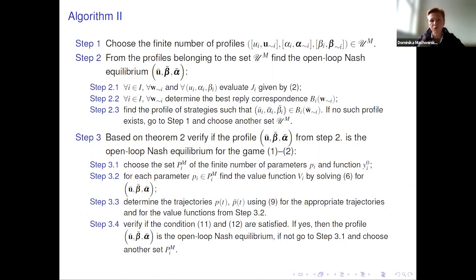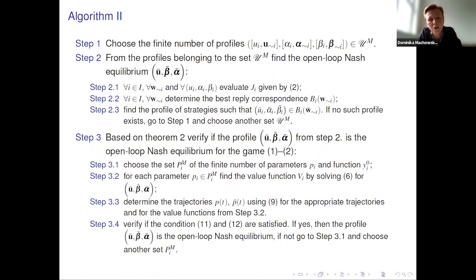If not, we have to find another set of profiles for which we look for the OpenLoop Nash Equilibrium. In step 3, we verify that the OpenLoop Nash Equilibrium found for the very small set is also the OpenLoop Nash Equilibrium for the whole game.